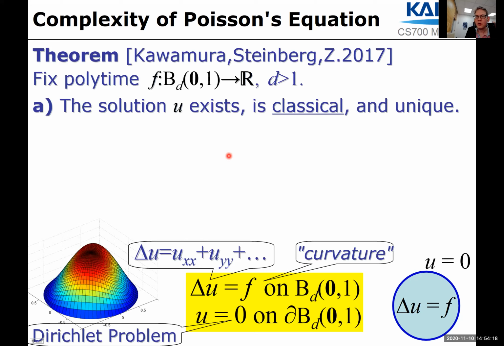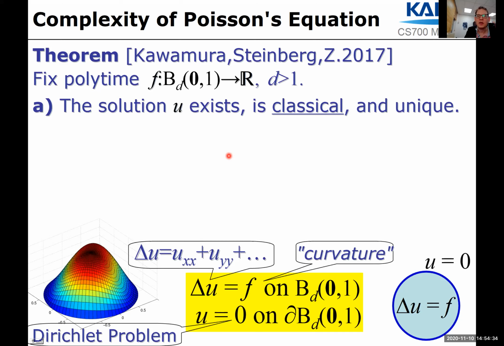I'm not going to prove this part because it's essentially a purely mathematical part. The hypothesis that the right-hand side has a polynomial modulus of continuity is the key ingredient here.